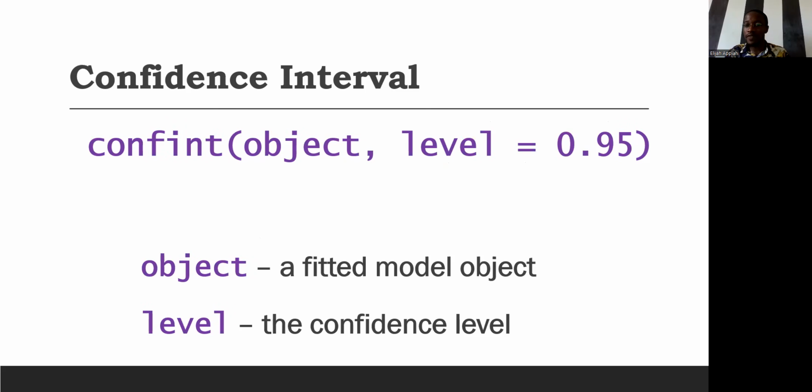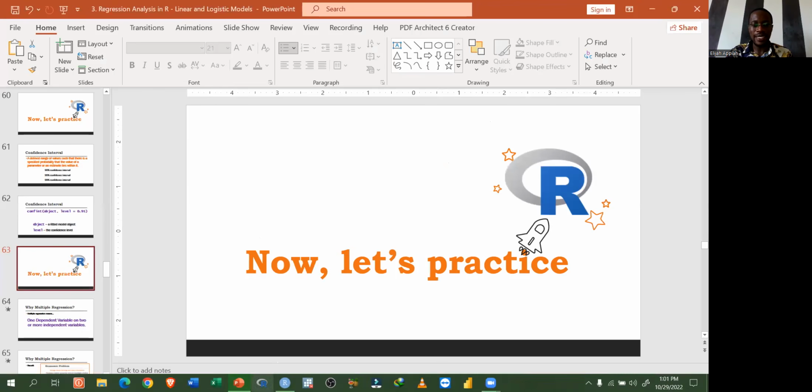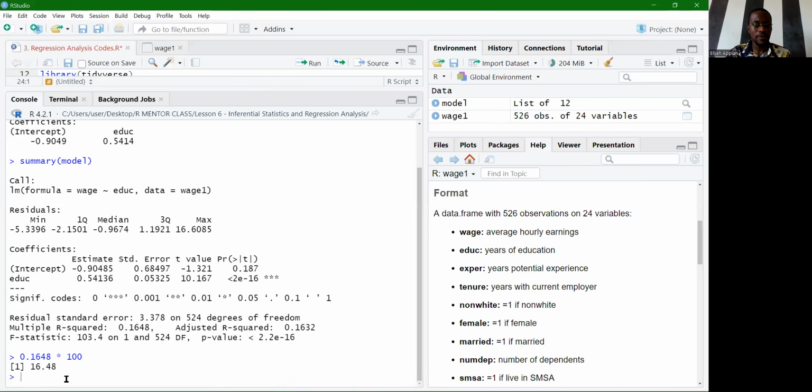Of course, we need to use the function confint. So C-O-N-F for confidence, I-N-T for interval. And it takes in the object. Object is a fitted model object. And we have already fitted that, we've called it a model. So confint model, and the level will specify which confidence interval that we are working with. So let's go right into R and calculate the confidence interval.